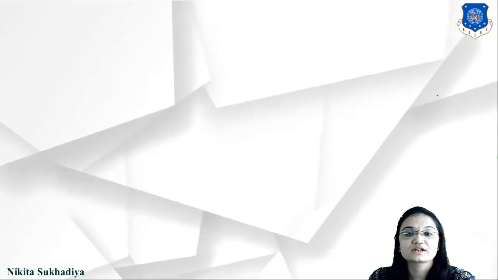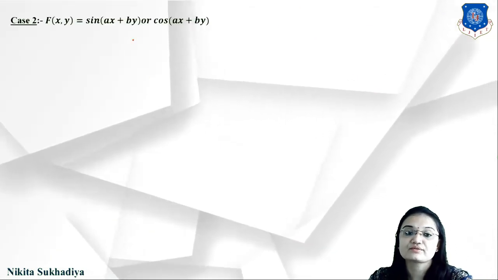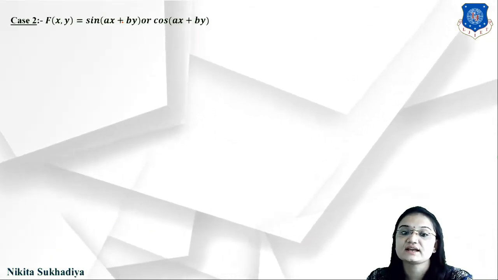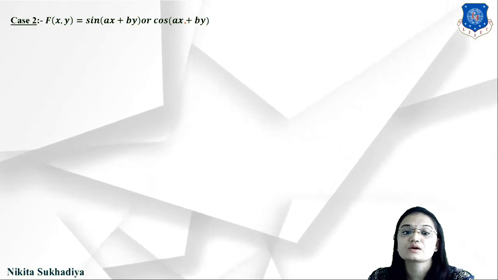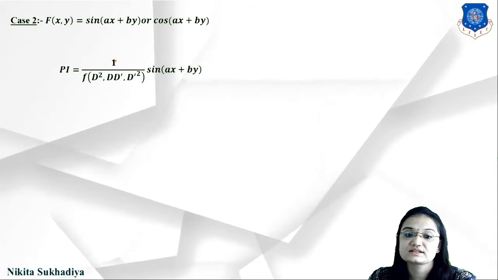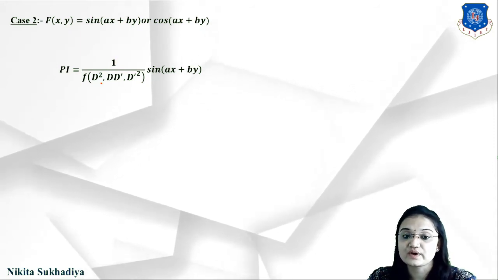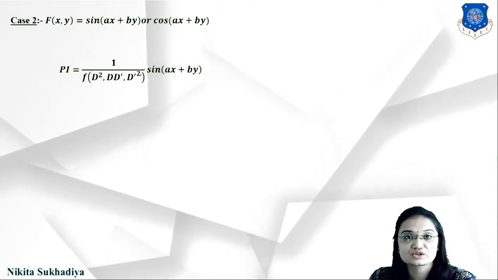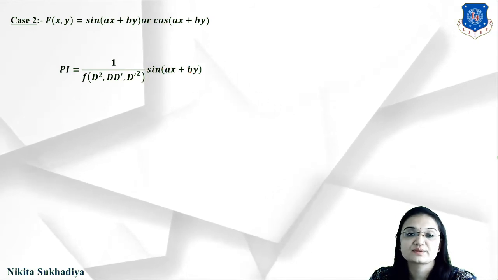Okay, now let's start with case number 2. If f of x,y is equal to sin(ax plus by) or cos(ax plus by), at that time our particular integral is equal to 1 upon f of D square, DD dash, D dash square into sin(ax plus by).